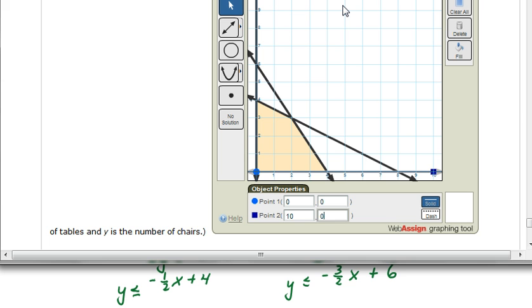And the fill now is entirely in the first quadrant, as it must be, because the tables and chairs need to be positive numbers.